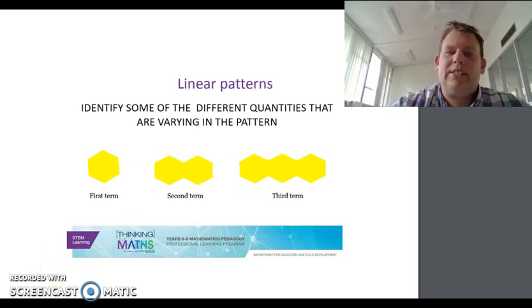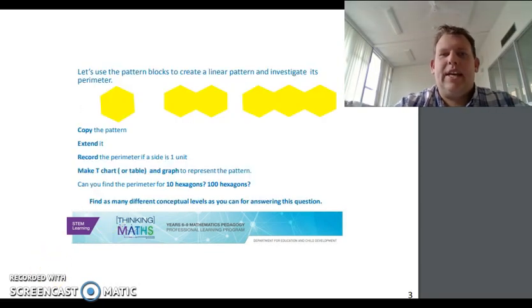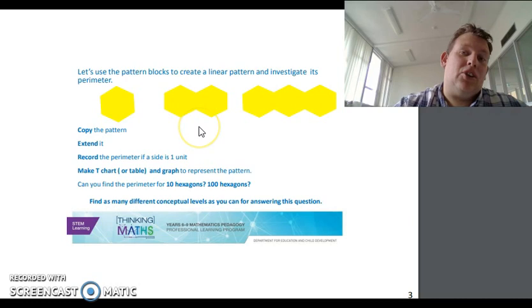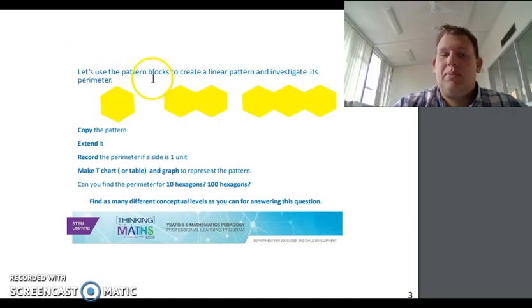Write down your answers. Okay, now what I want you to do is create the pattern using actual blocks. Use the pattern blocks to create a linear pattern and investigate its perimeter. Perimeter, remember, is around the outside of the shape. I want you to physically create those with your shapes. Once you've done that, come back on.